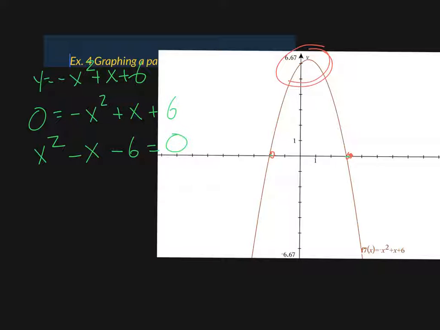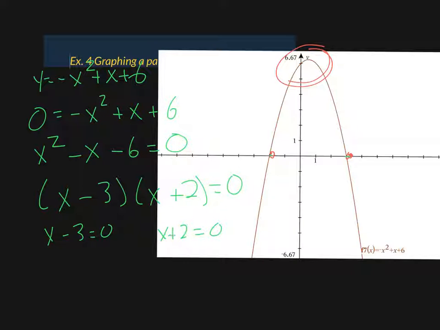And now we're going to factor this. What can multiply together to give us negative 6, but add to give us negative 1? So it's going to factor into x minus 3 and x plus 2 equals 0. Set each of these equal to 0, which gives us x equals 3 and x equals negative 2.